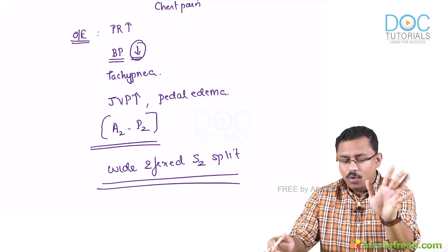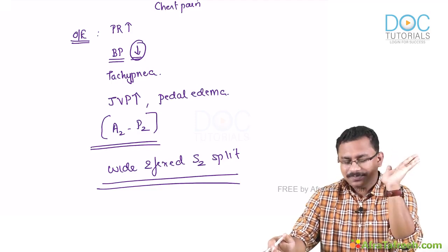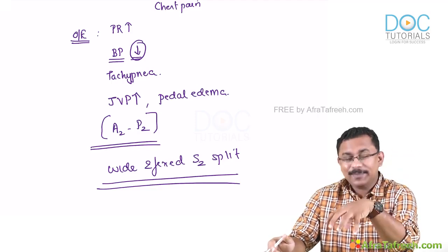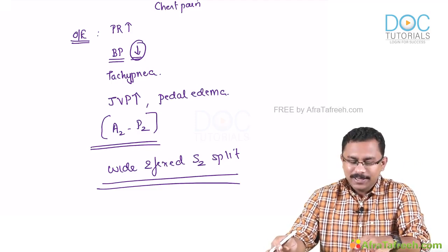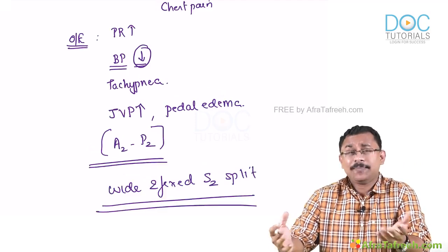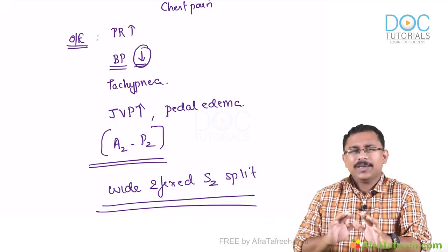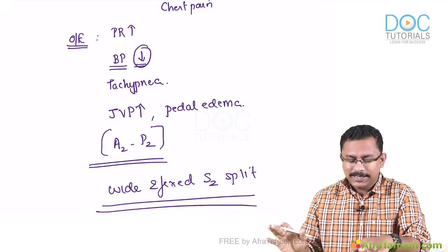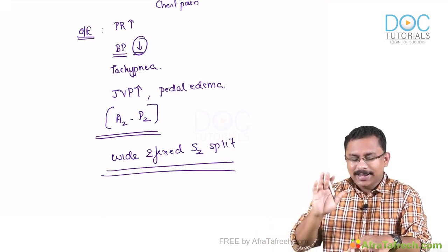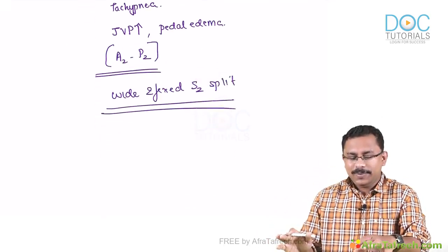But otherwise, no pulmonary edema, your chest will be clear. So these are the examination findings that you can expect. Severe hypotension means the patient might have cold, clammy extremities as well at presentation, because this is an acute cor pulmonale presentation. So these are the clinical features of an acute pulmonary embolism.